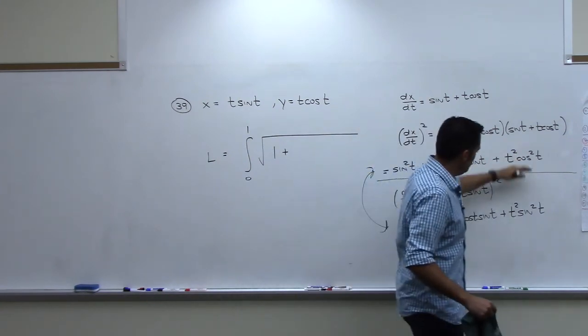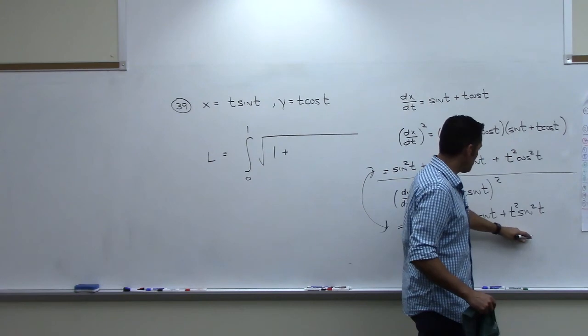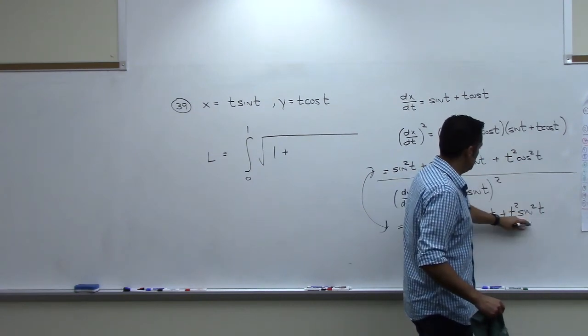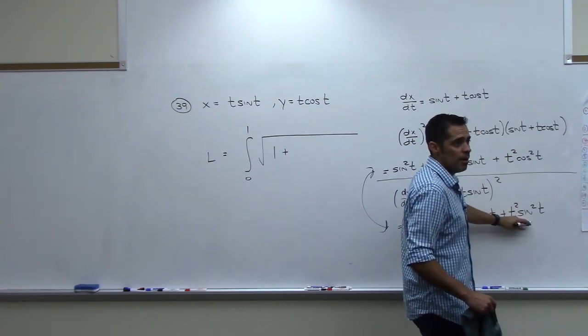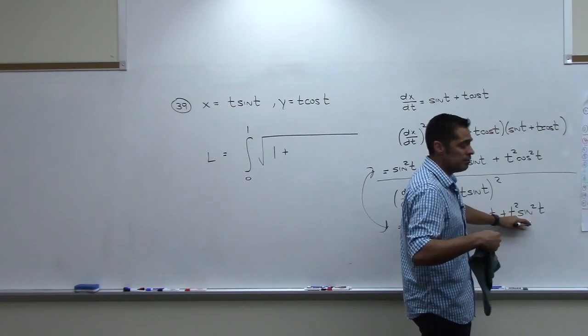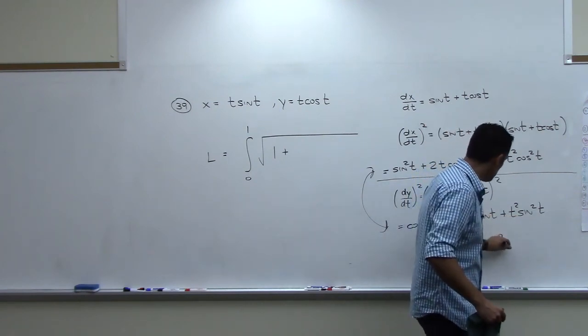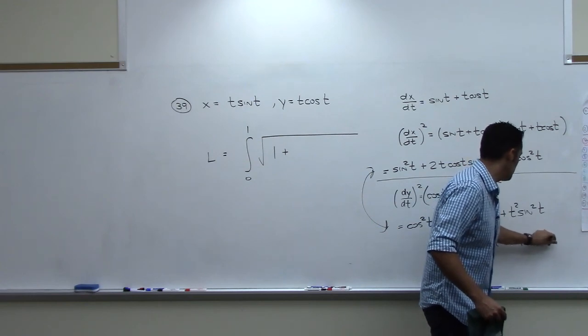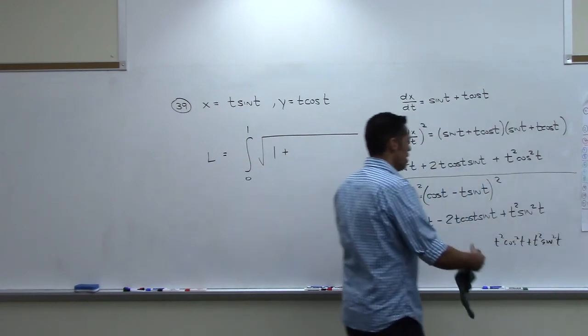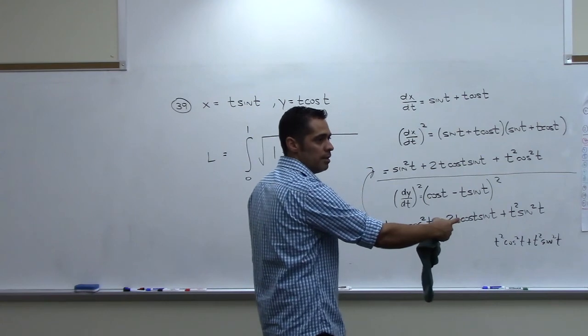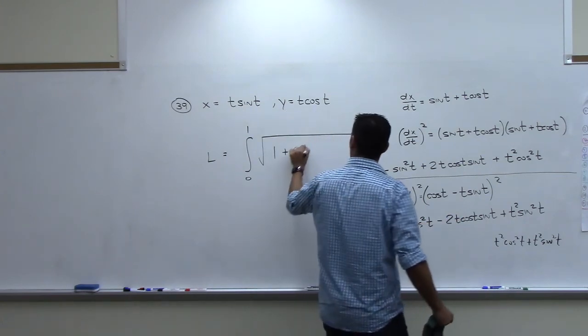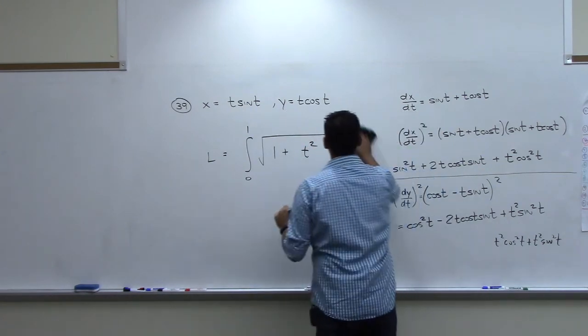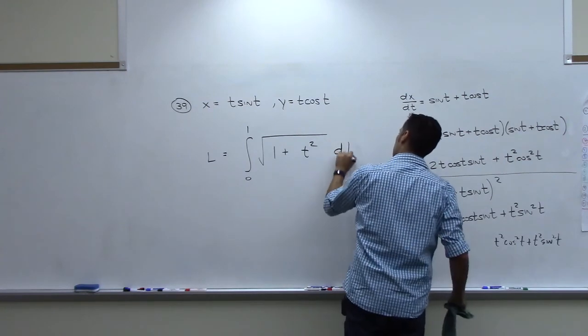And then these two together, is that not an identity? Well, they both have t squared in them, right? So you can factor that out. So you would have t squared cosine squared t plus t squared sine squared t. Factor out t squared, and what was left would turn into a 1. So this is just going to be the square root of 1 plus t squared dt. That's it. This is all that's there.